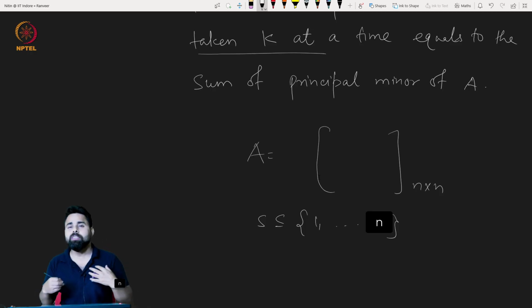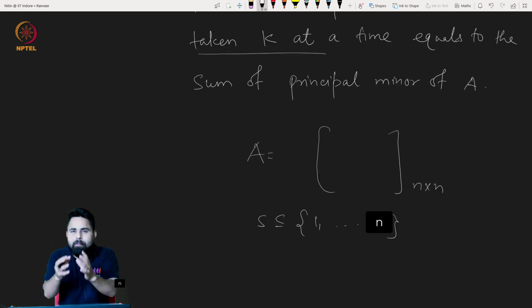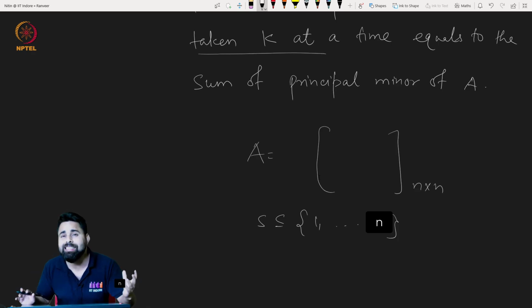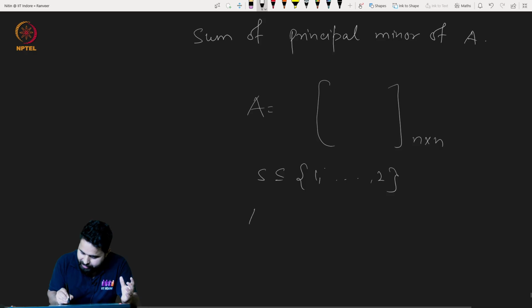You choose the rows corresponding to S and also the columns corresponding to S. The submatrix formed by those rows and columns is a principal submatrix, which we will denote by A_S.